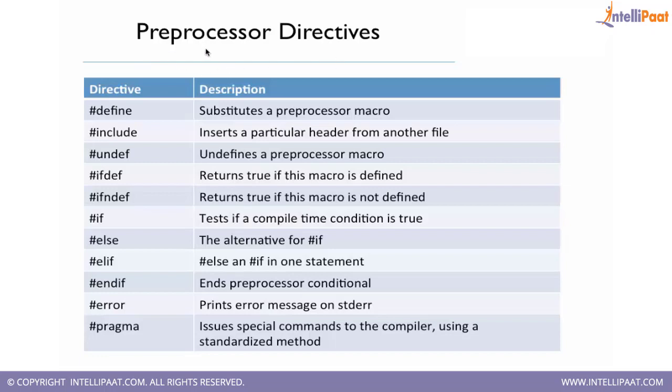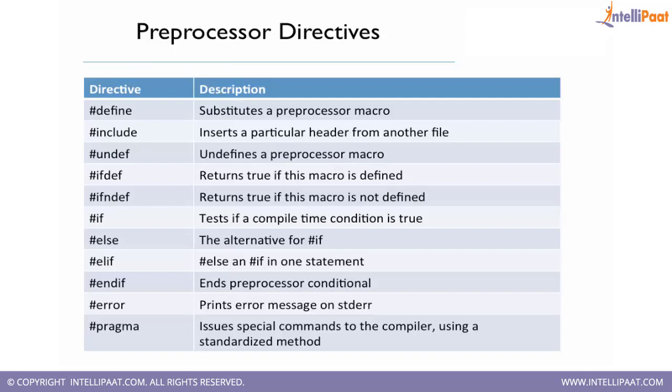So what are the other preprocessor directives? There is hash define, which substitutes a preprocessor macro, hash include, which includes another file, and hash undef, which undefines a macro. Suppose we have defined some macro and at a later point of time we want to undefine it.